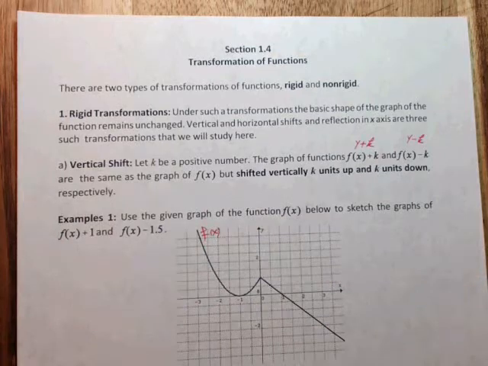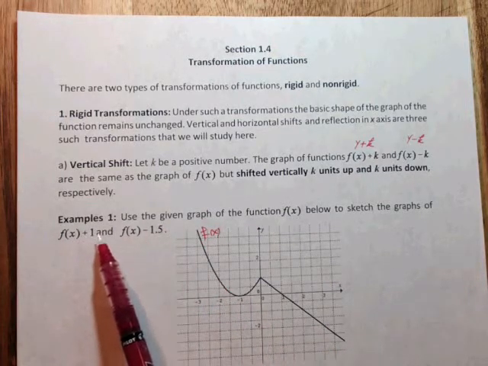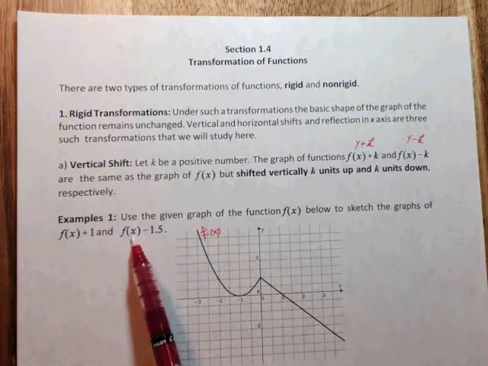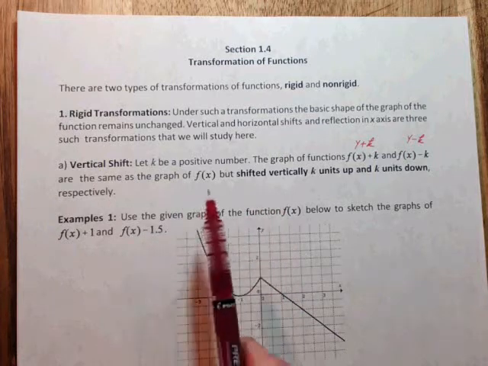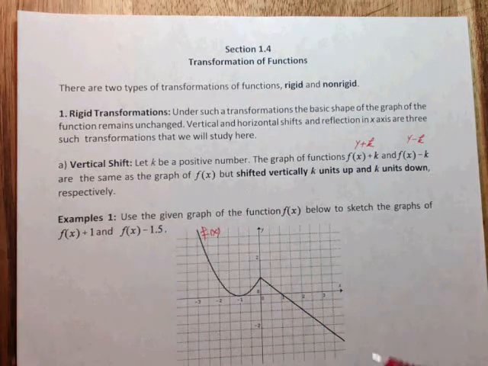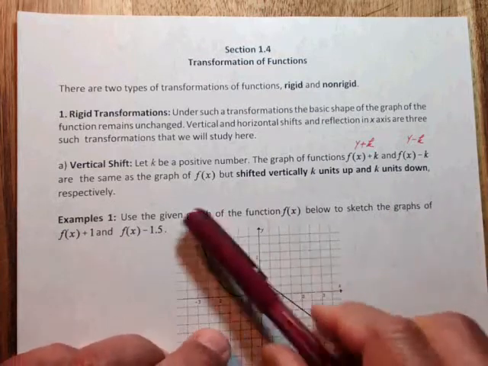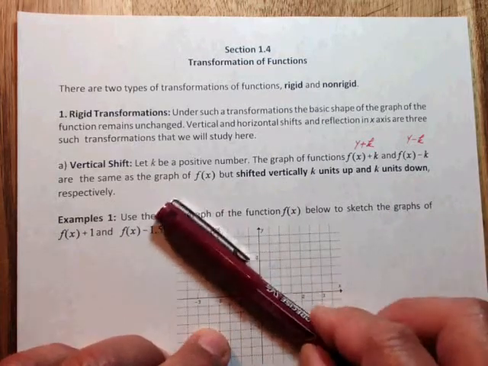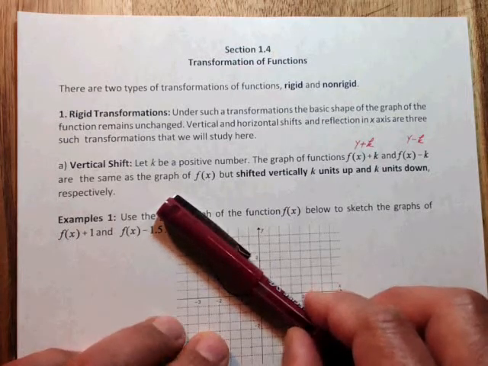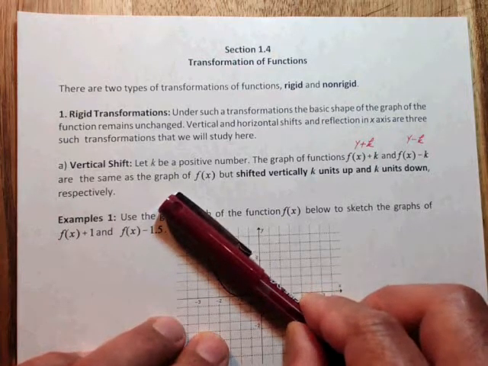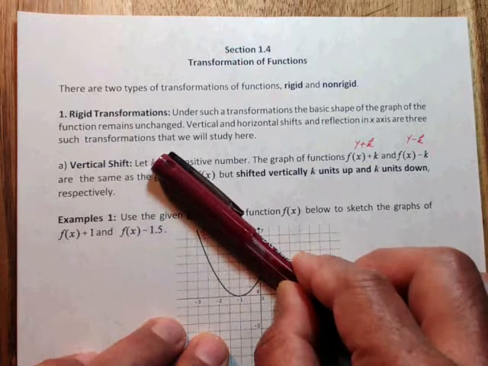And then I want to know how to get the graph of f of x plus 1 from this, or get the graph of f of x minus 1.5. Based on this explanation, let's say the graph is this pen, and if I want to get f of x plus 1, I just move this pen 1 unit up, like that.